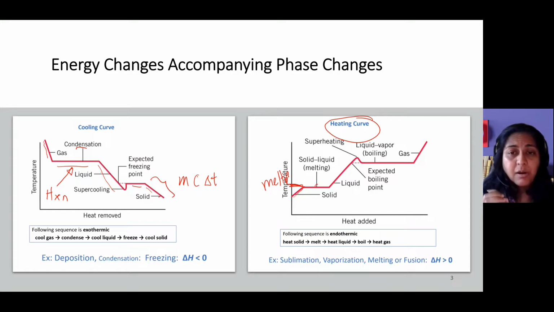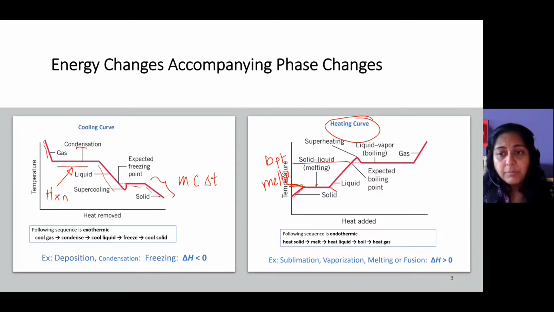After all of the solid has changed to liquid, we have only liquid here, then the temperature starts to increase again. It comes to another temperature where we don't see any change. That is the boiling point. Now the phase is changing from liquid to vapor. The process is boiling or vaporization.